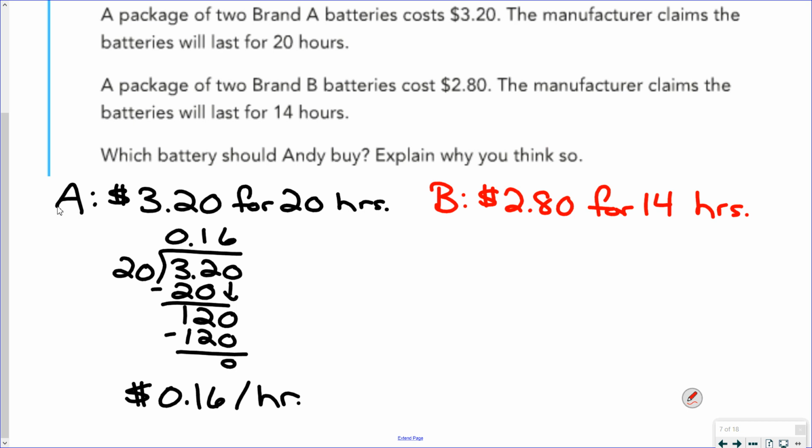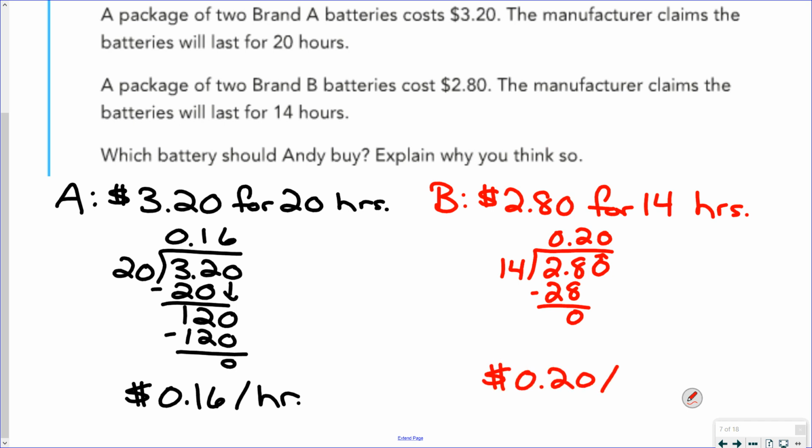So for brand B, if we want to find cost per hour, we will find that it costs us 20 cents per hour. So our choice should be brand A, because it's cheaper per hour.